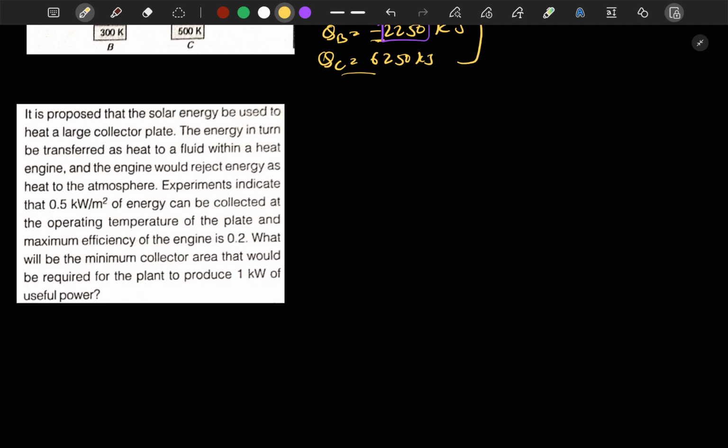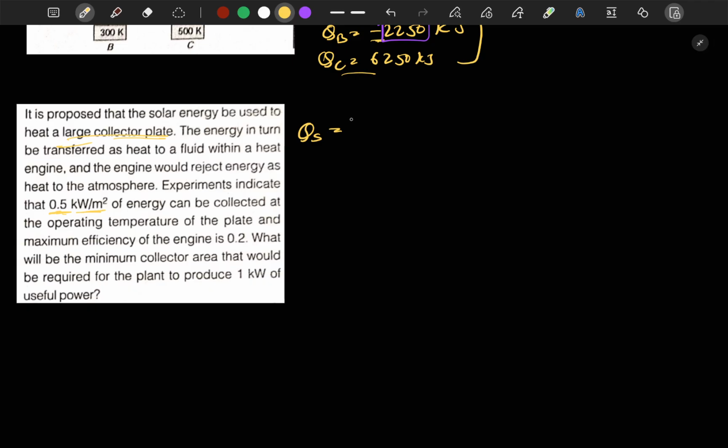From here we can see that heat is supplied with the help of our solar collector plates, and it is given that 0.5 kilowatt per meter square of energy can be collected with the help of collector plates.